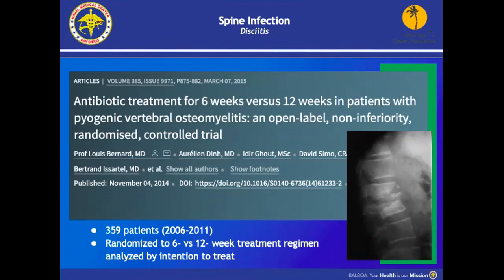The reason for doing this paper was that everything was previously based on anecdotal or expert opinion, and they wanted some concrete data to support their antimicrobial protocols perioperatively. They found that 6 weeks of antibiotic treatment is not inferior to 3 months with respect to the proportion of patients who were cured or had eradication of infection at 1 year. Both treatment regimens had similar mortality, relapse, and failure rates.